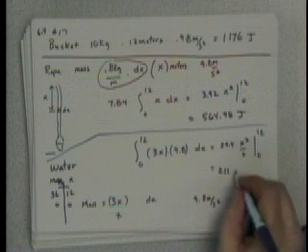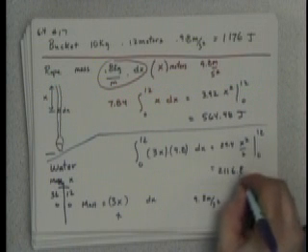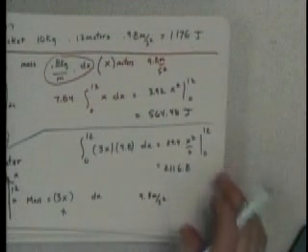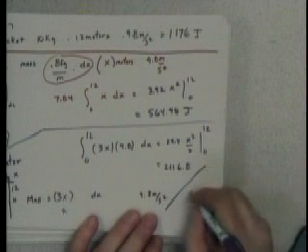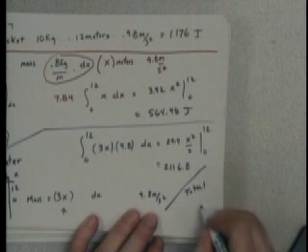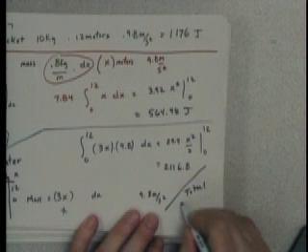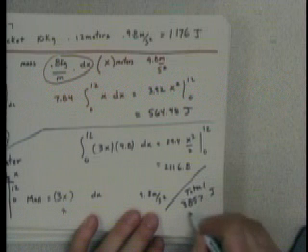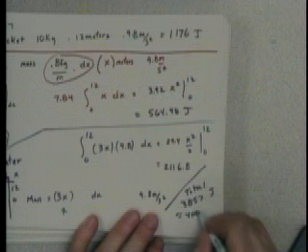Yeah, 2,116. So then I'm going to add that to 564.48 plus 1176. So my total, I got 3857 joules, which is going to be rounded off to 4,000 joules.